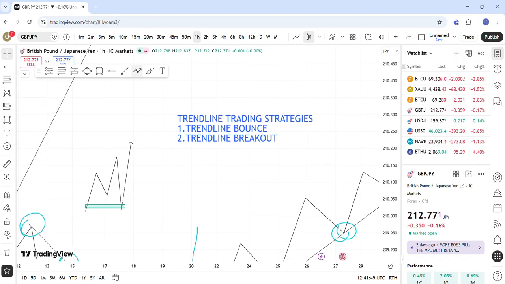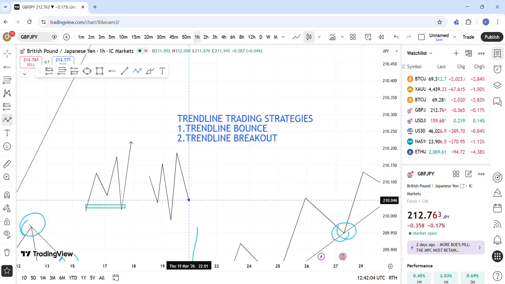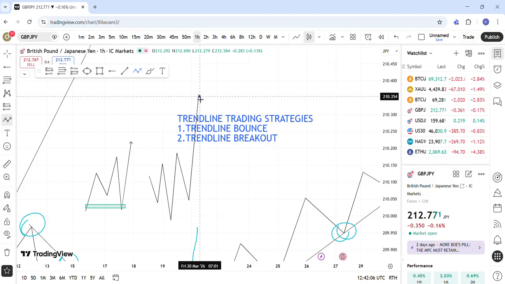Or you look out for this. And once price comes back to this, it can head up.